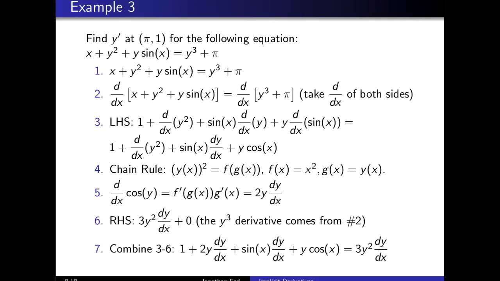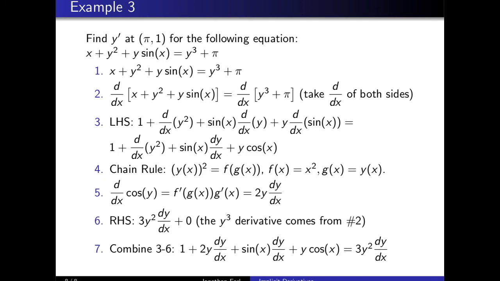Okay, so we've done our derivatives, and we wind up with 1 plus 2y dy by dx plus sine of x dy by dx plus y cosine of x equals 3y squared dy by dx. So we've done all of the hard part, we've done our chain rule, we've done our derivatives and everything.